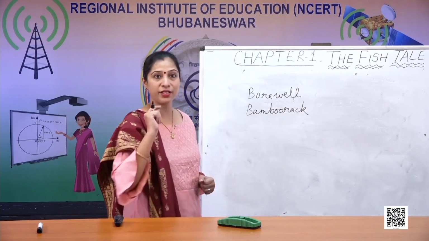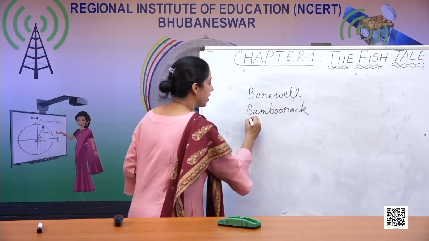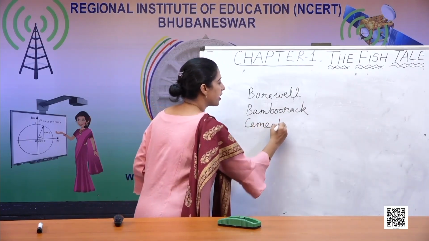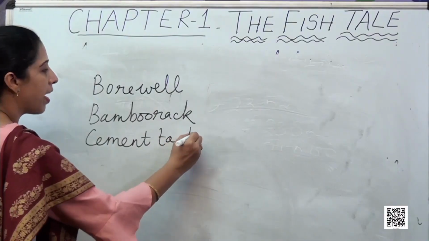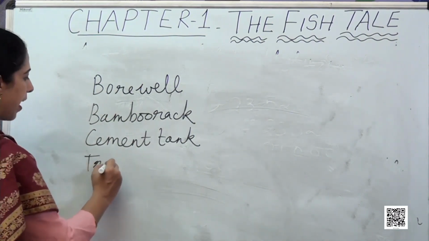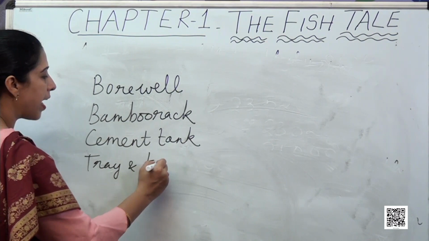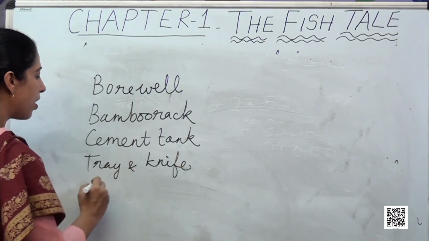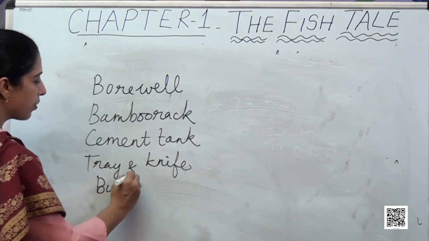They also needed cement tanks to keep the fish, and they needed trays and knives to cut and clean the fish. And they also needed buckets to get water from the borewell.